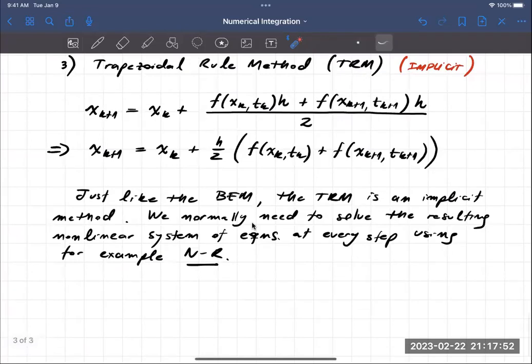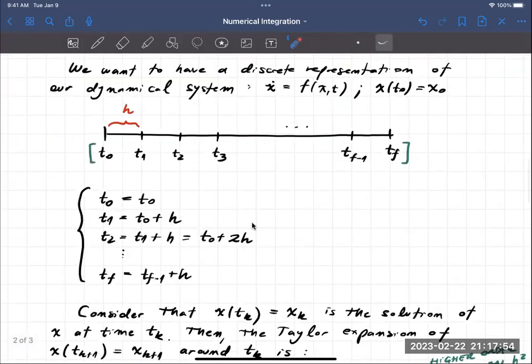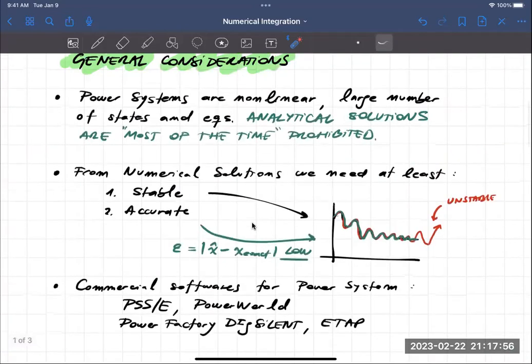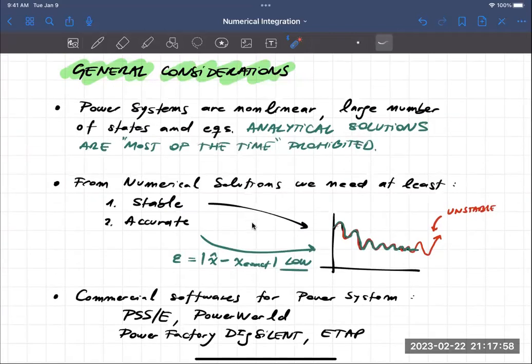So to summarize what we have discussed this class are the general considerations related to why we need to use these numerical solutions. Basically, because of the large number of variables and equations and the nonlinear characteristic of the power system, we need to consider numerical solution. Those numerical solutions need to be stable and accurate.